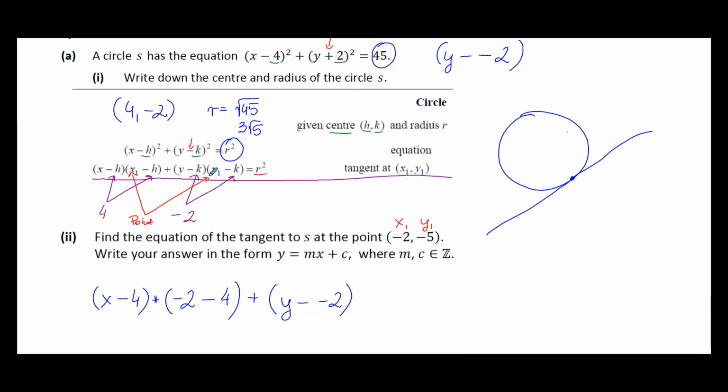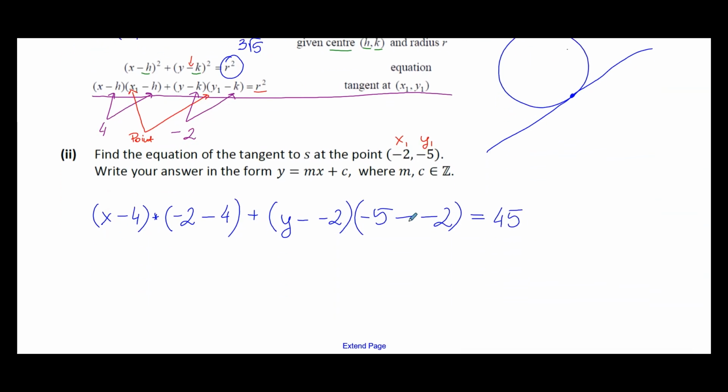Then close bracket, another bracket, y1 is the y coordinate of my point, which is minus 5, minus, and again k is minus 2. See, don't get caught with the minuses, and equal to my radius to the power of 2, which we already know is 45.